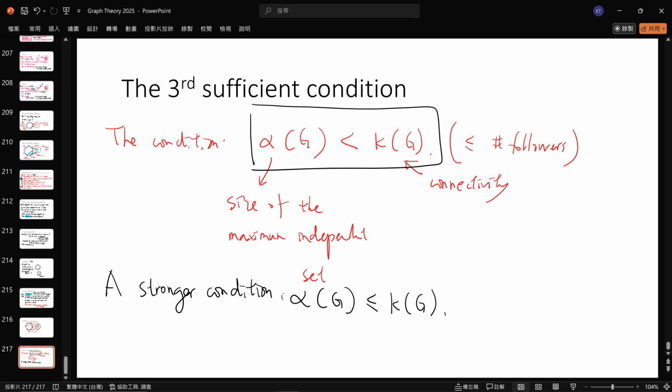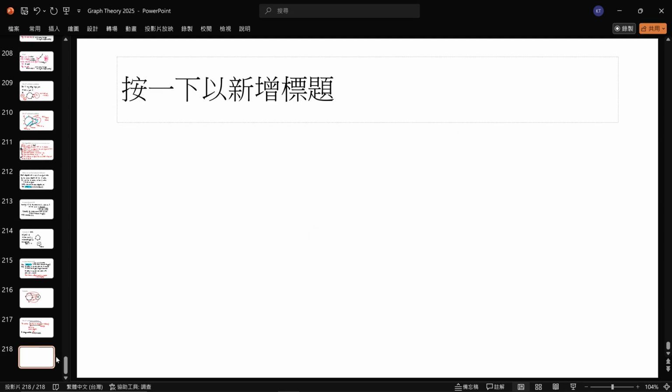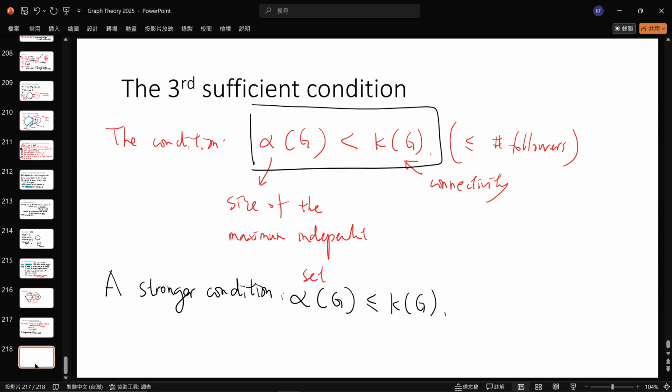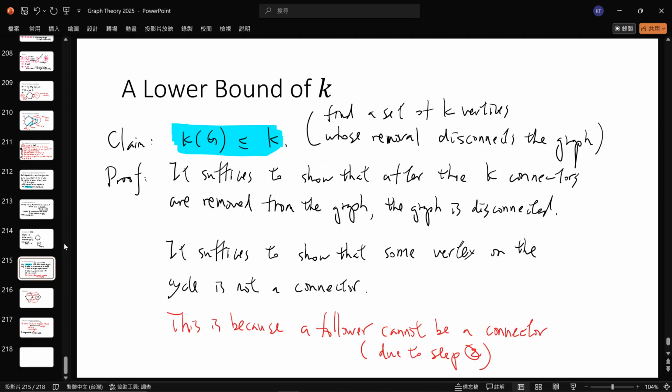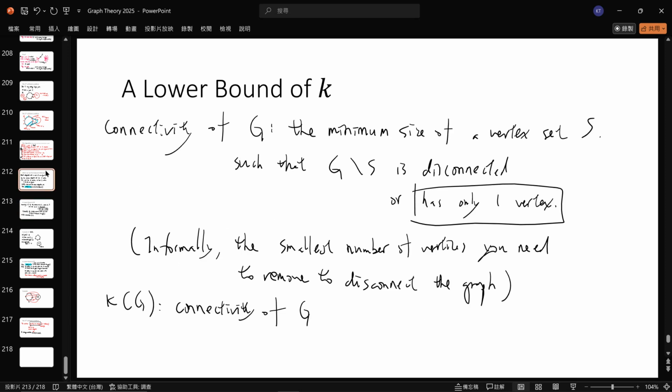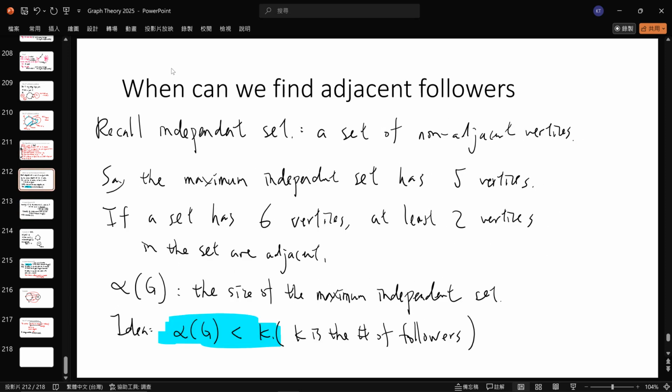So when these 2 terms are the same, we can still find a Hamiltonian cycle. Okay, so next I'm going to explain why.